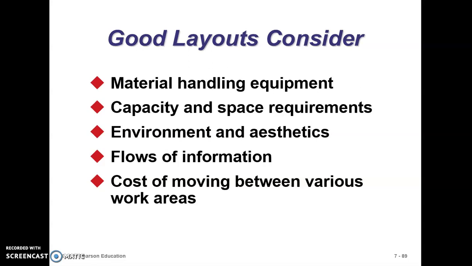Okay, and cost of moving between various work areas. So these are the things that we need to consider. The cost of moving between various work areas, meaning that we want to shorten the distance. Then once you shorten the distance, the time and the cost will be minimized.